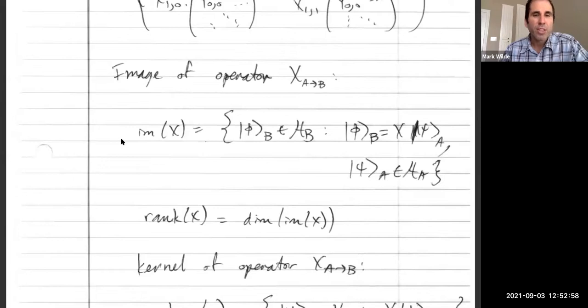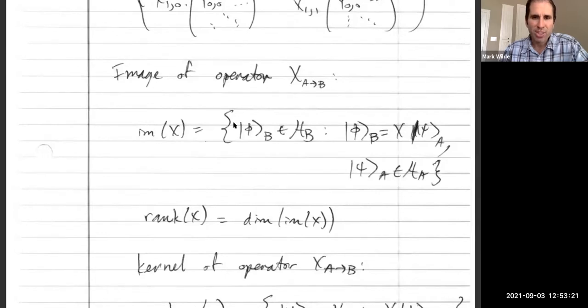Okay. So let's talk about what the image of an operator is. If I have an arbitrary vector in the input space and I act on that vector with the x operator, I'll get an output vector phi.